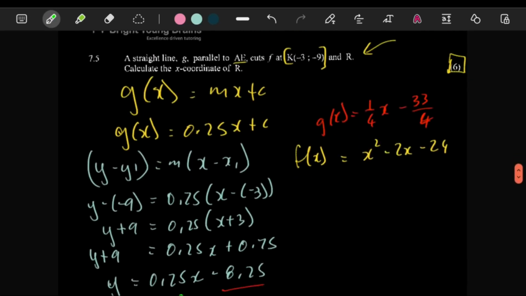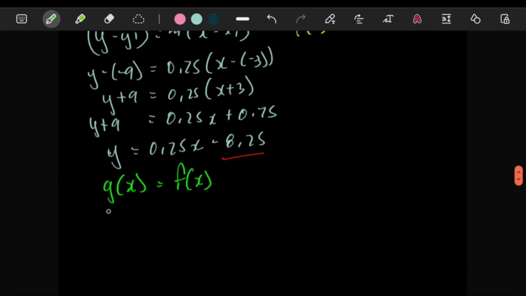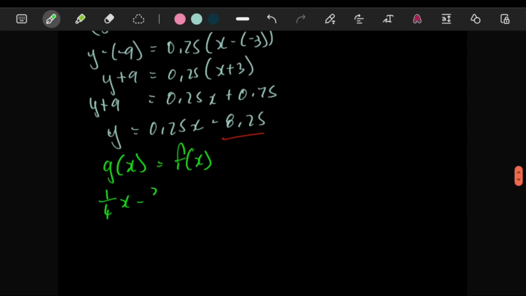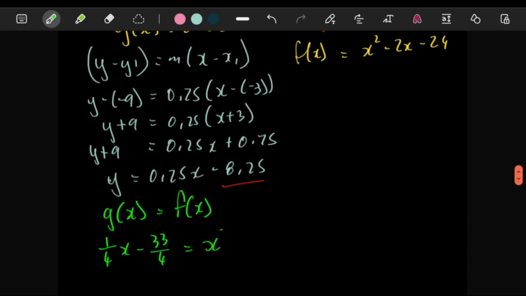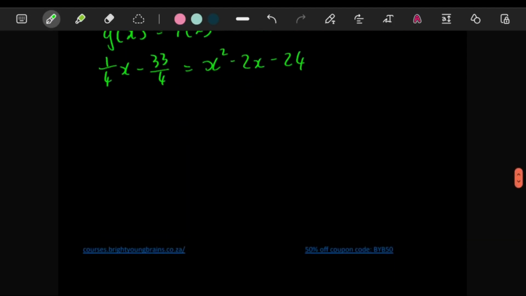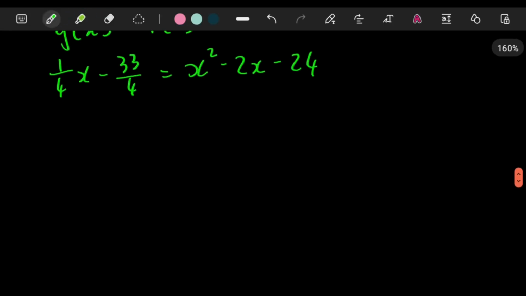G is like a quarter x minus 33 over 4. F of x is x squared minus 2x minus 24. And then what you got next? You need to solve for x here.